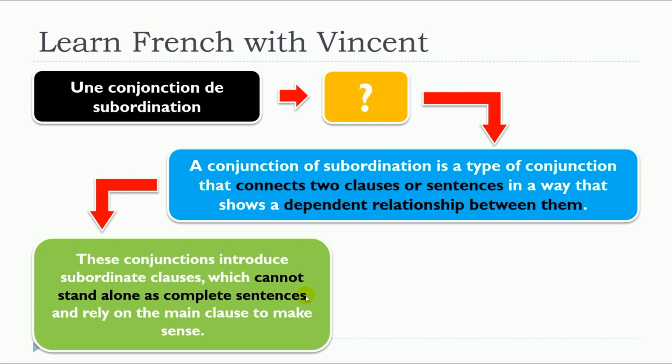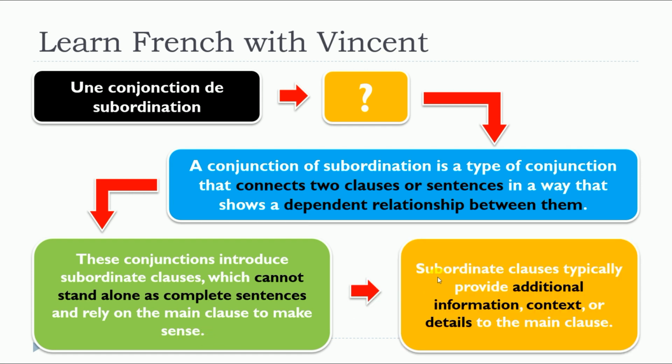So this is the second important thing. These clauses cannot stand alone as complete sentences, and they rely on the main clause to make sense. The subordinate clauses typically provide additional information, context, or details to the main clause.